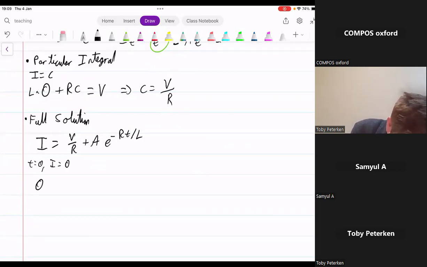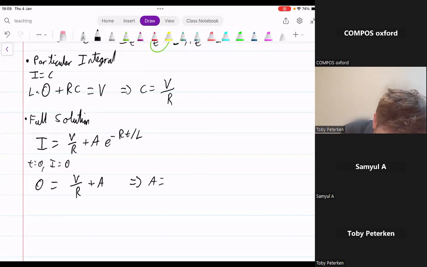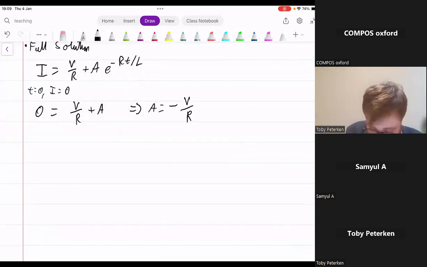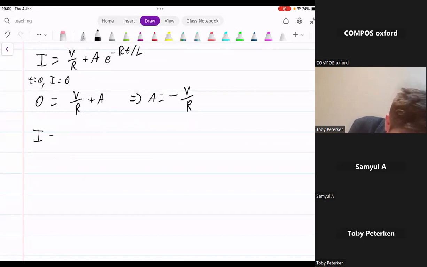We have 0 equals V over R plus A, and e to the power 0 is 1. So this gives us A equals minus V over R. So we put all of this in, I equals V over R, 1 minus e to the minus RT over L.